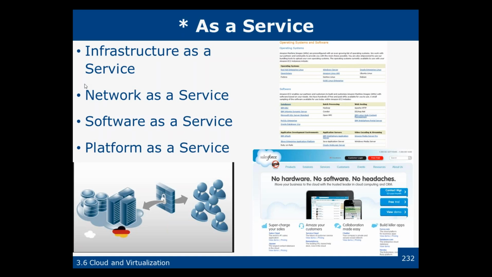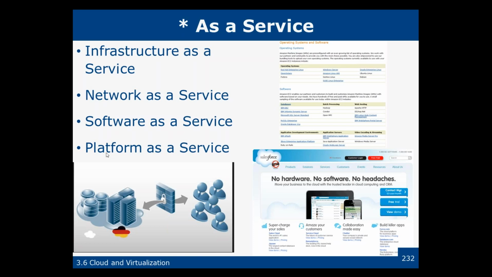Software as a service. You can get software, and a lot of people do that with web servers, where you go to the GoDaddys or the 1&1s or a number of other people out there that provide that, and you buy a particular software, typically going to be a website as a service.